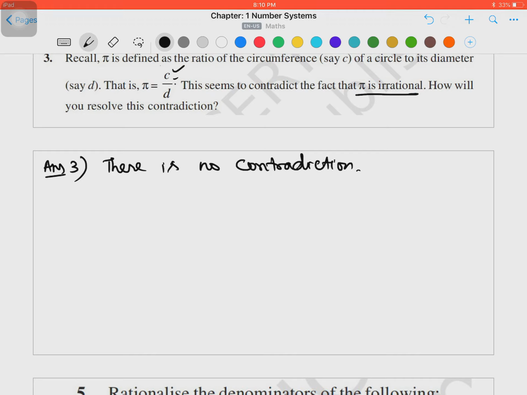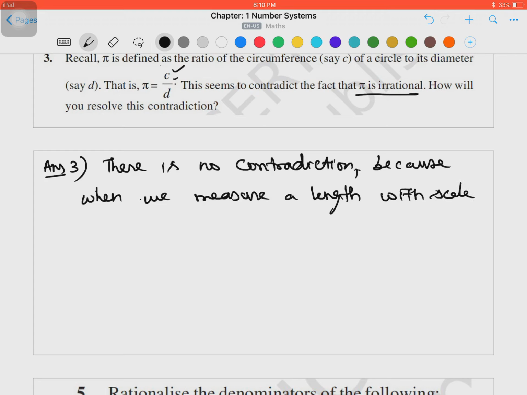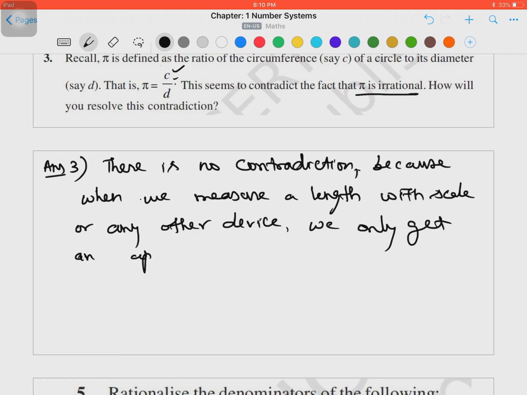Why? Because whenever we measure the circumference or the diameter of any circle using a measuring scale, we never get the accurate value. Whatever value or length we get will be an approximate value. So that's why pi is an irrational number. When we measure a length with a scale or any other device, we only get an approximate rational value.